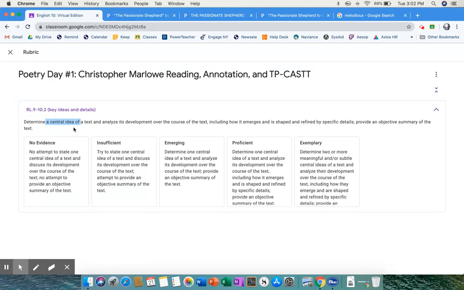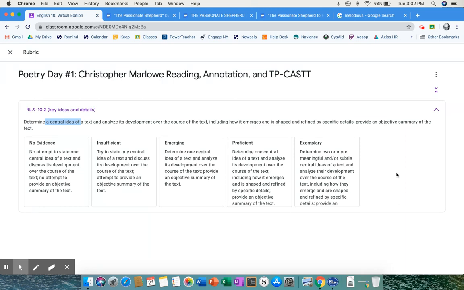So basically, did you give me no evidence? Is it insufficient? Is it emerging, proficient, exemplary? You can read these, so I'm not going to bother reading them out loud here. But one thing to state, the difference between a proficient and an exemplary is, one, the quality of your analysis. So make sure that your typecast is very detailed.